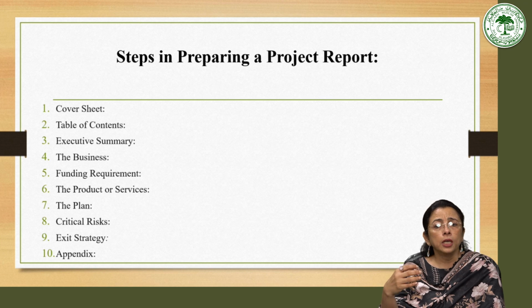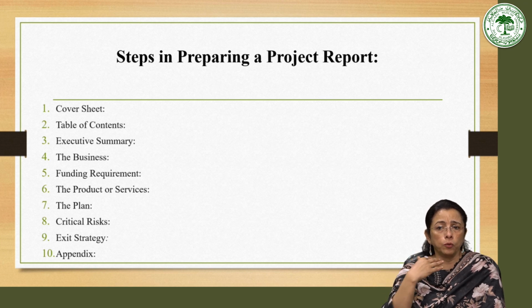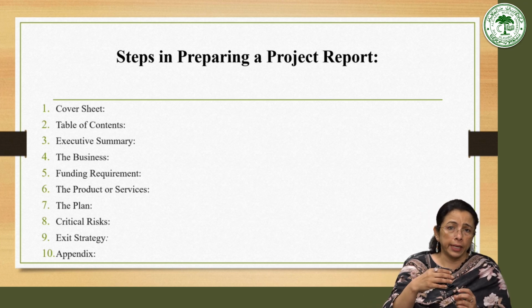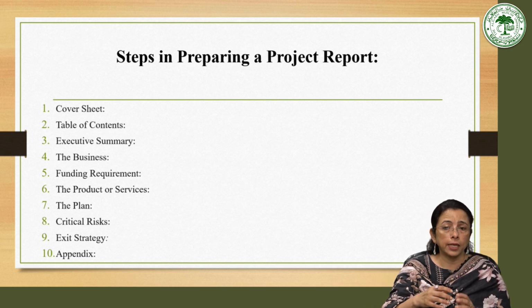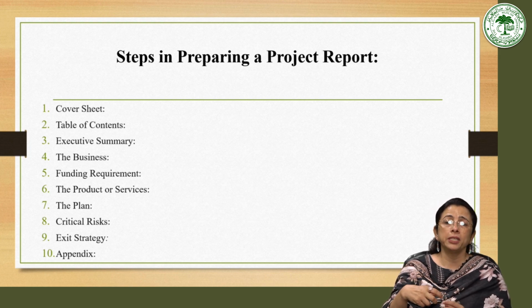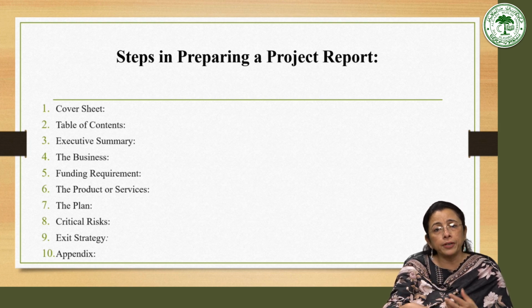So a good methodology would be to divide the project report into various different sections, and then those sections are numbered or labeled, maybe like 1, 2, 3 or A, B, C, D. Maybe subsections are then numbered, taking a different numbering system.